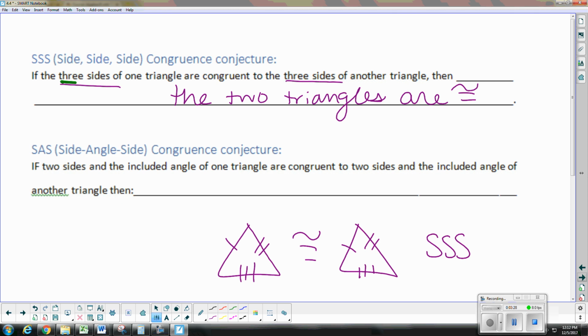The second conjecture that we have for this lesson is the side angle side conjecture. If two sides and the included angle are congruent to two sides and the included angle of another triangle, then the two triangles are congruent.